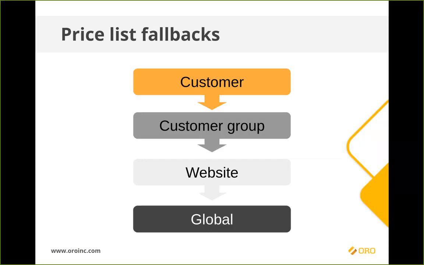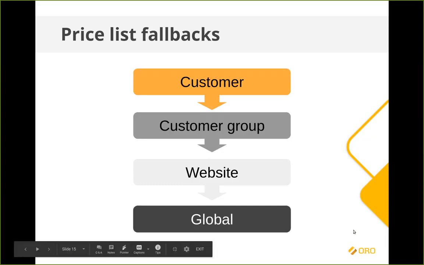There are four main levels of price lists: customer, customer group, website, and global. And each of the levels may have one or several price lists assigned to it. It means that prices from this price list will be used at the storefront. And then you may see prices from this price list either globally, or per website, or per customer group, or per customer.